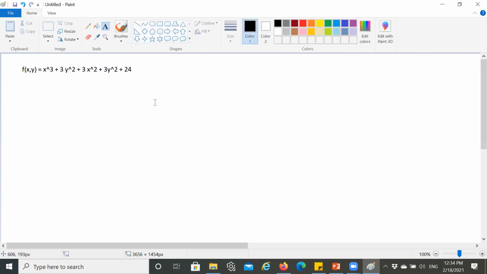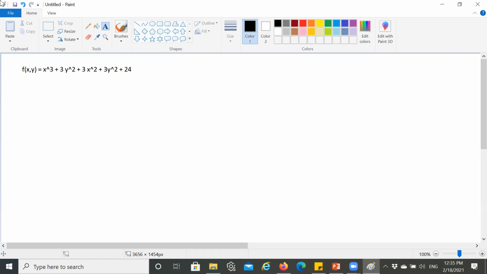What I want you to do is find the extreme points and determine the nature of those points, whether they're minimum, saddle point, or maximum. Is it correct? 3y squared, let me check my question.